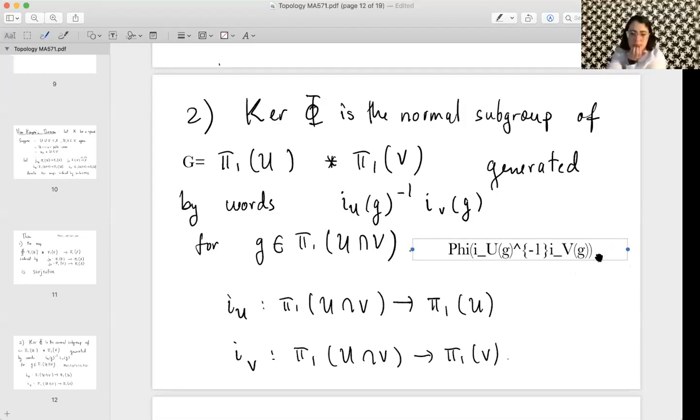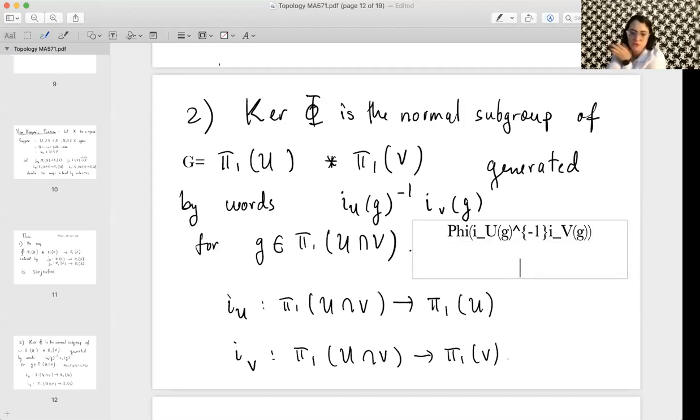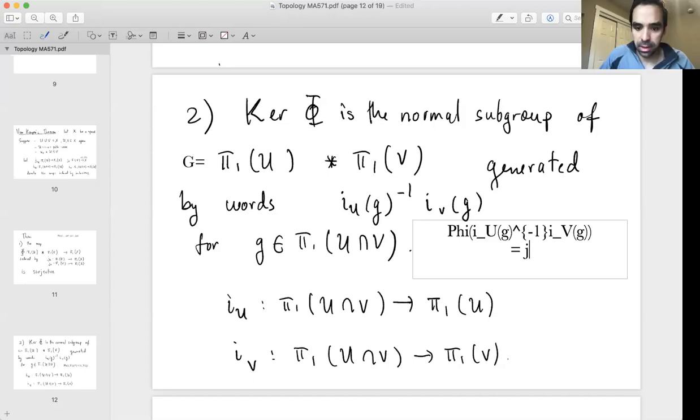Yeah, so you apply, well, it's a homomorphism of groups, so you can distribute across a product, right? Well, that's the definition of phi, remember? Okay, so you'll apply j_U to the first thing, i_U on g inverse, right?